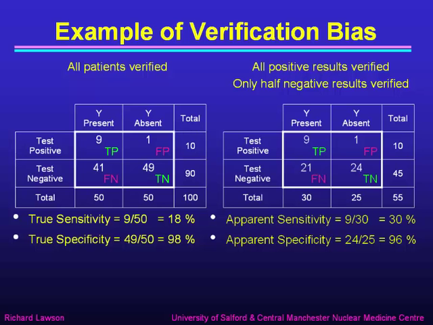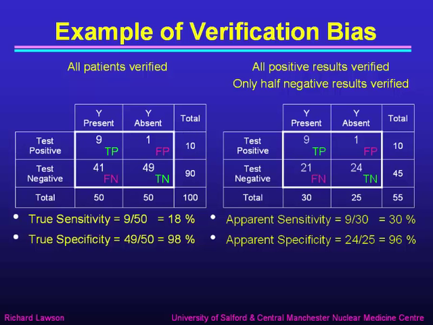Clearly this is the sort of thing that can happen in routine practice, because if your diagnostic test comes up with a normal result, you're less likely to want to refer the patient for some verification. Therefore, it is going to possibly lead to this sort of verification bias in working out the sensitivity and specificity.